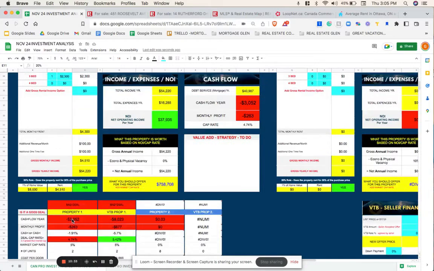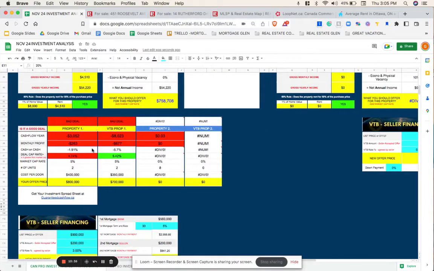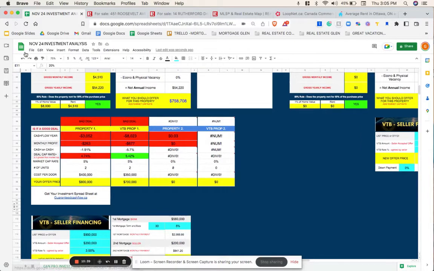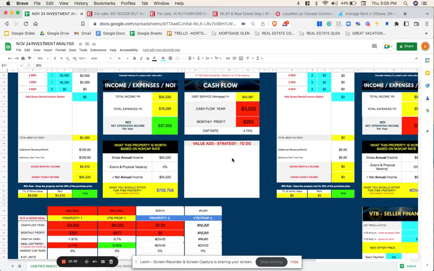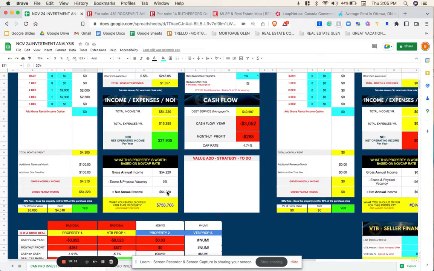If you look down here, we can do 2 properties at once. But right now it's a bad deal for us because we have 4 reds. If we have 4 greens, it's going to be green, and that's going to tell you it's a good deal. If you look down here, this is what the property value should be worth: 758,708.